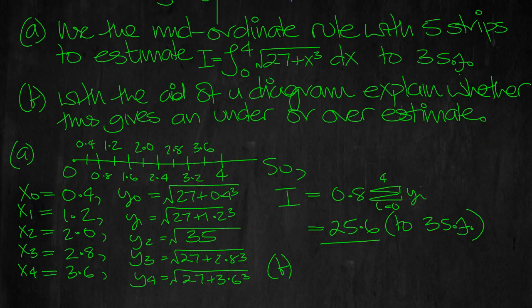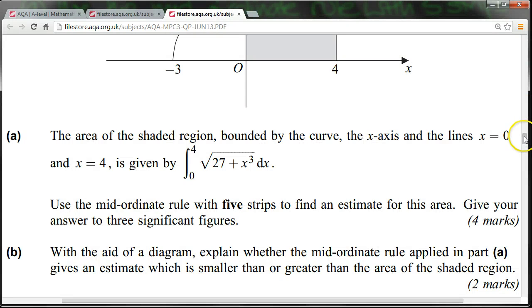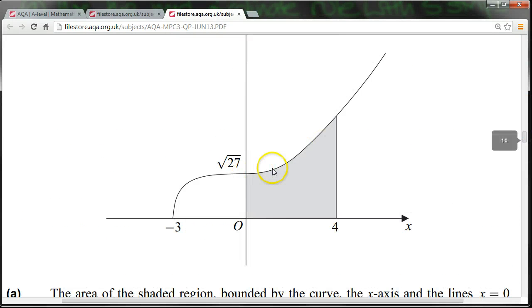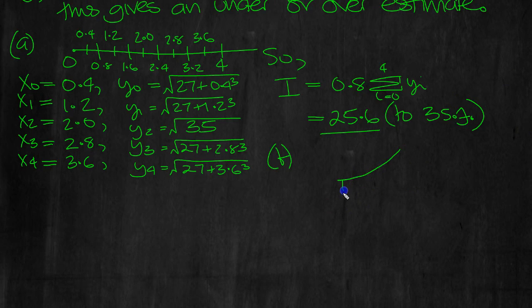So we've got the shape of the curve from the picture. So I'm going to flick back to the picture in the actual paper. See, it snakes back and twists up quite sharply here, doesn't it? Okay, so let's draw a typical picture of one of those intervals and see what we get. So here we'd have a curve that looks like this, and then we'd have a strip down here, and we'd have a strip down here.